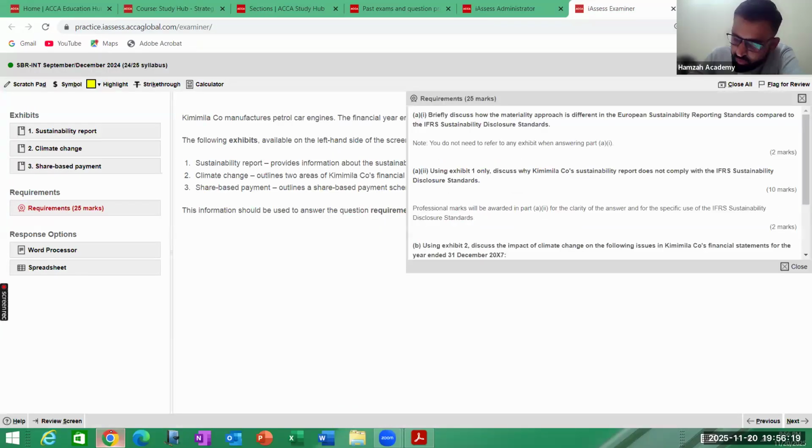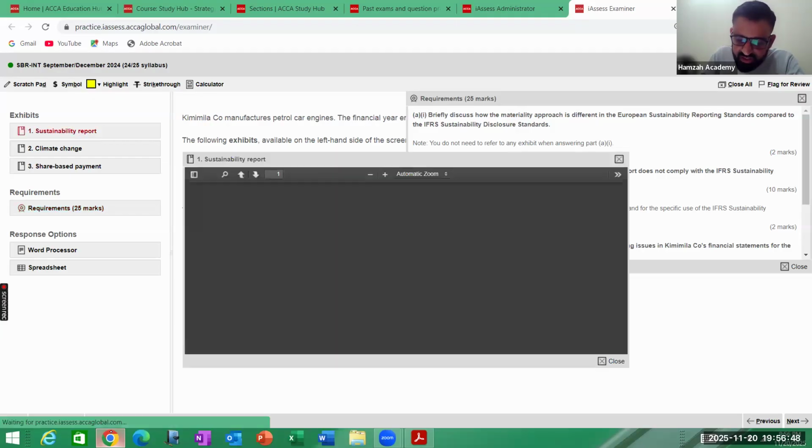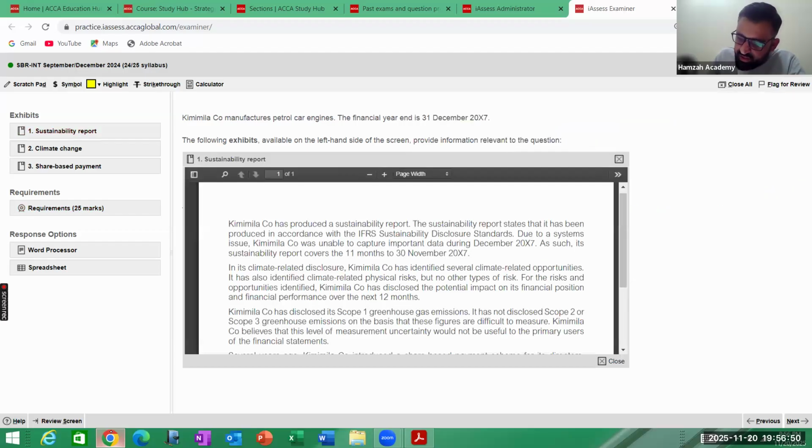Now, the requirement 2. That is, using Exhibit 1 only, discuss why Camila company's sustainability report does not comply with the IFRS standard disclosure requirement. For that purpose, we need to go through Exhibit 1.